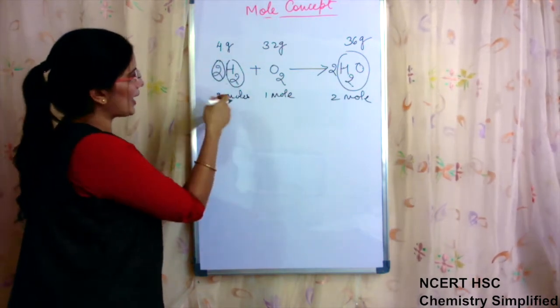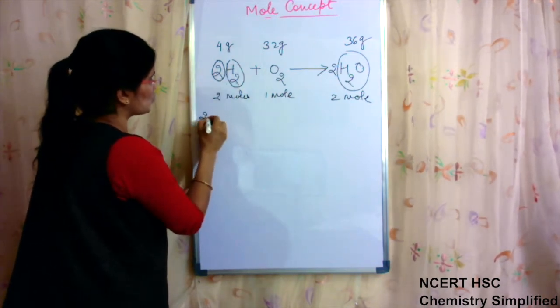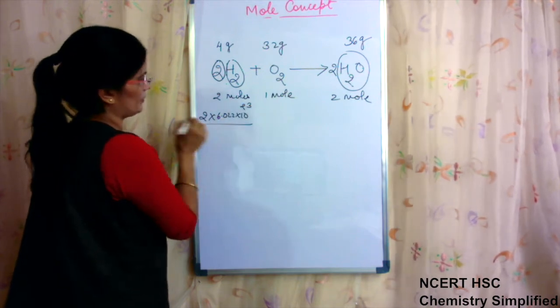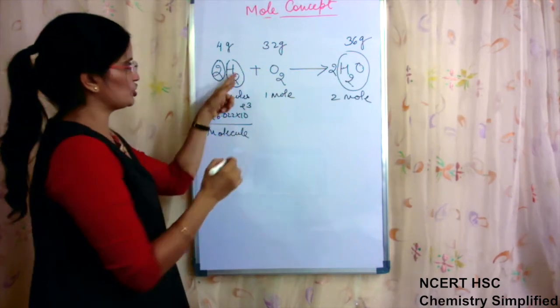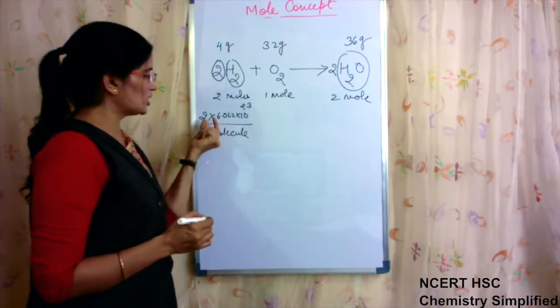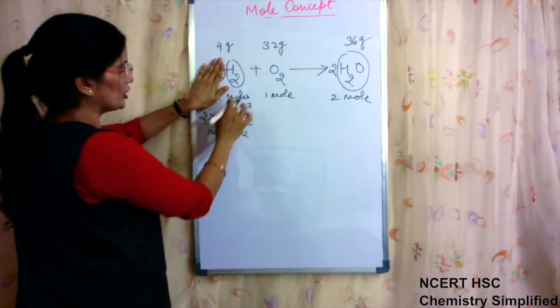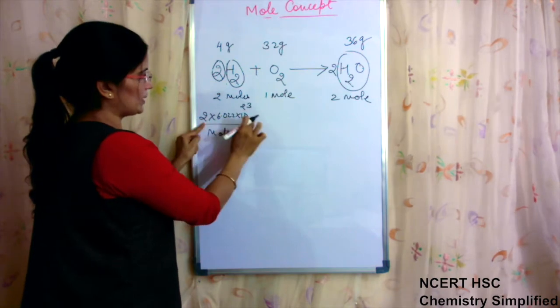The number of molecules present in this will be 2 into 6.022 into 10 to the power 23 molecules, because H2 is a molecule, not an atom. And because the coefficient is 2 here, it is multiplied by 2.